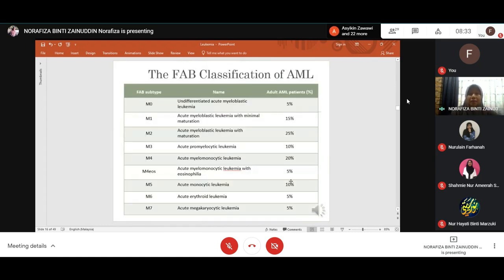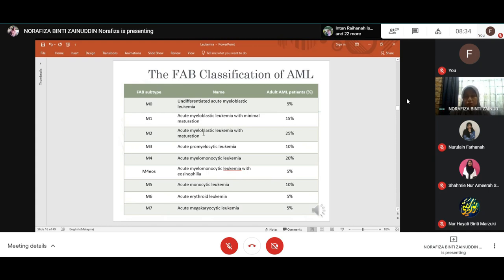So this is the FAB classification of AML. The FAB system uses numbers from M0 to M7. You can see 5% of adult AML patients have undifferentiated acute myeloblastic leukemia, which is the M0 subtype, and so on.